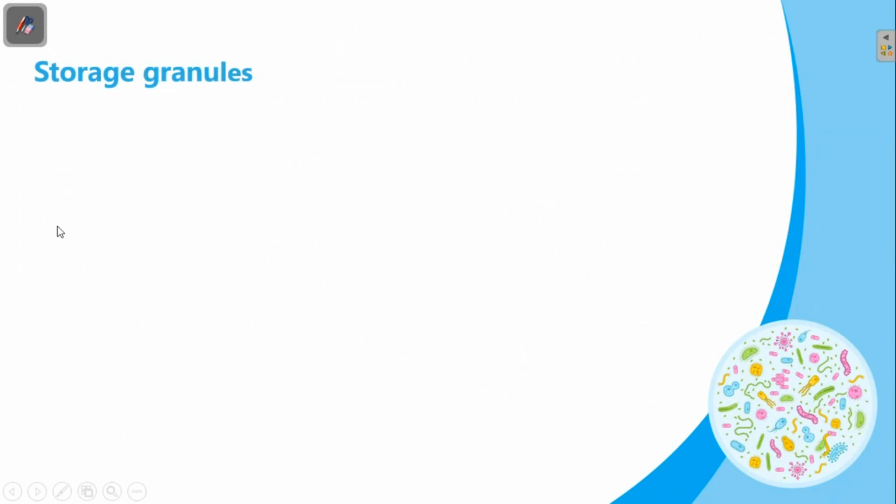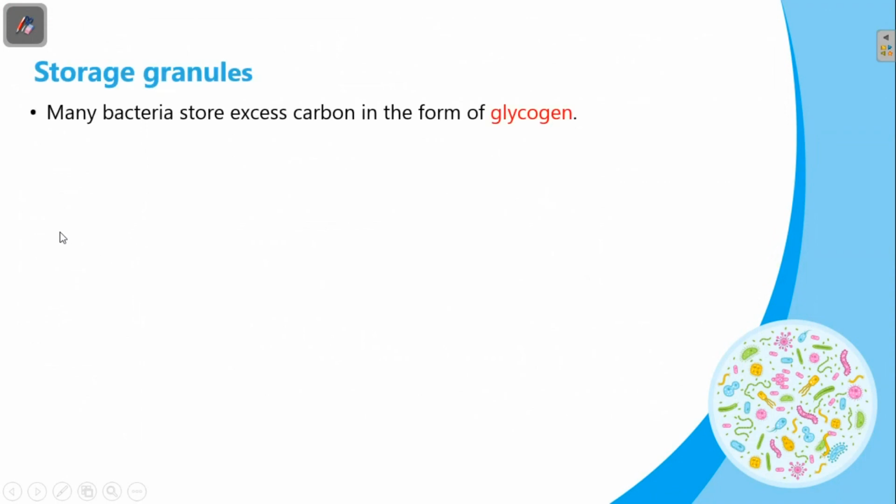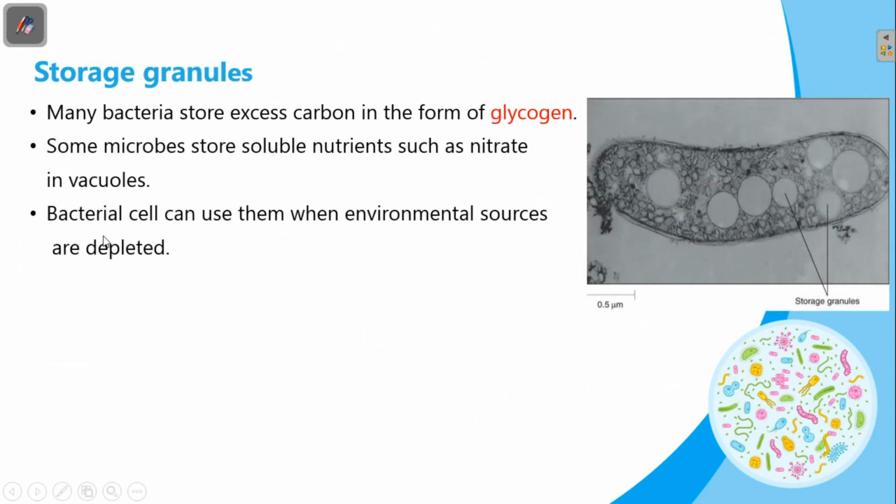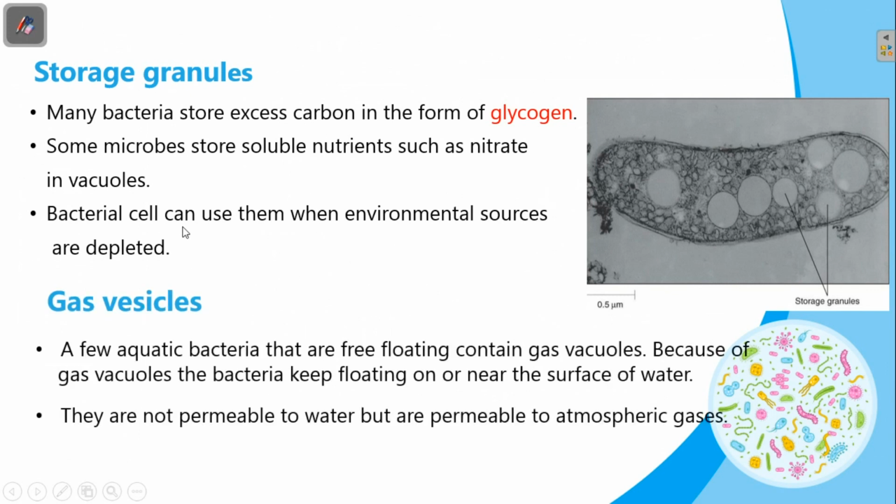Storage granules. Many bacteria store excess carbon in the form of glycogen. And some microbes also store soluble nutrients such as nitrates in vacuoles. These bacterial cells can use them when environmental sources are depleted. And gas vesicles.